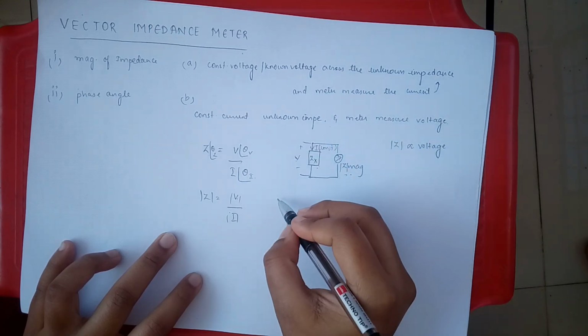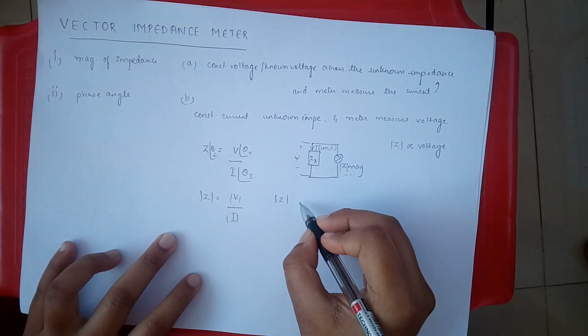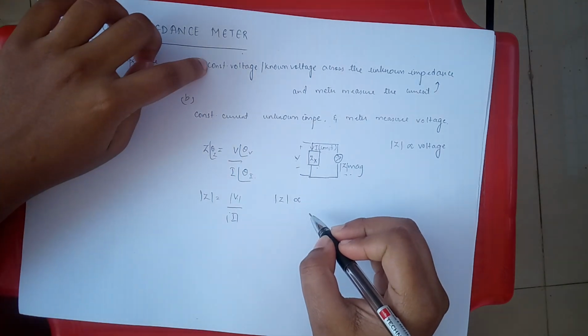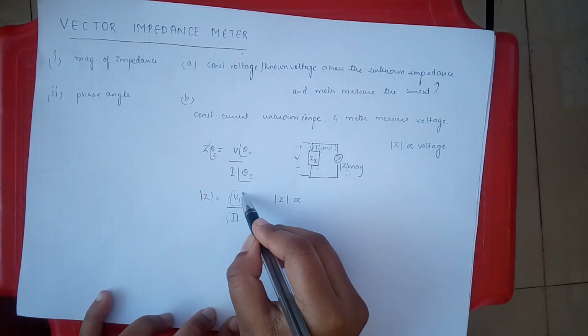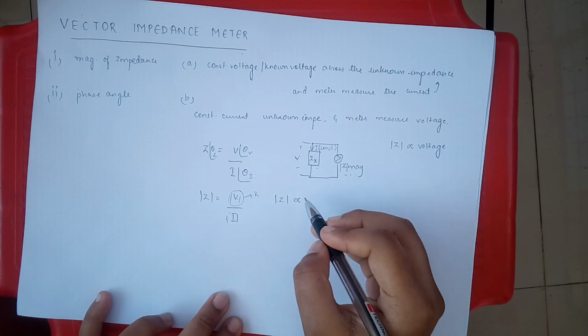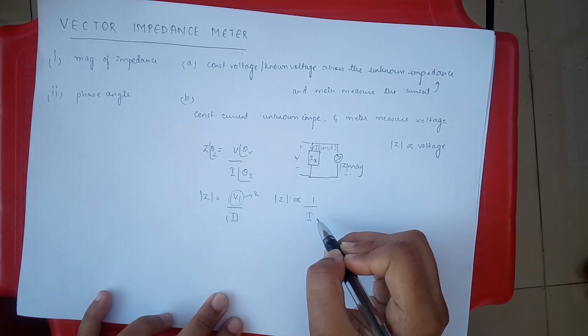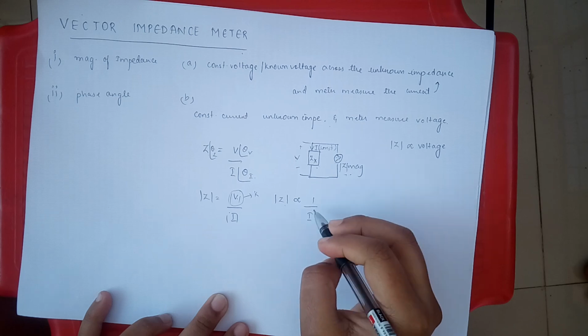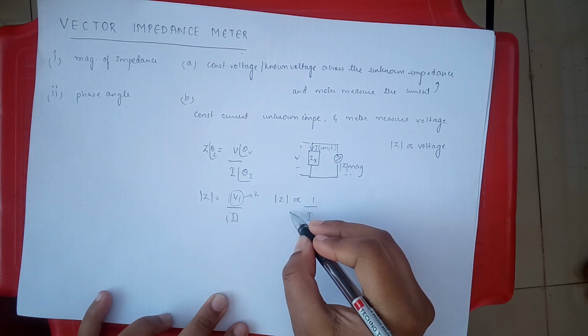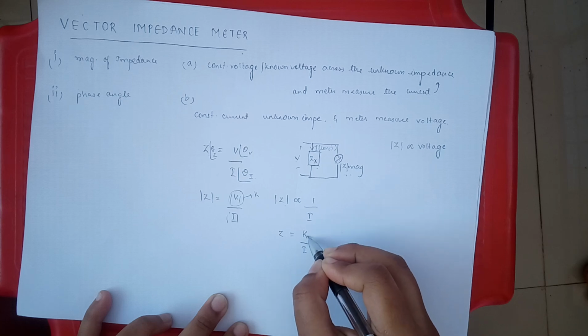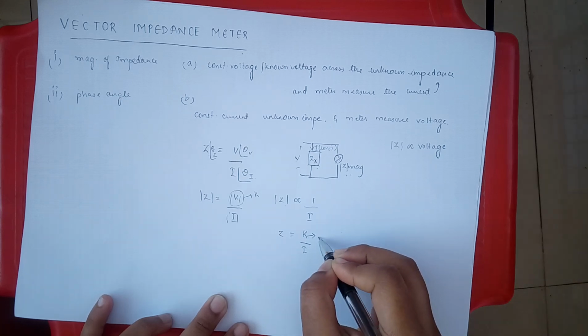In the first method, if you carefully observe, the magnitude of Z is measured at a constant voltage. That means voltage is some constant K. So the magnitude meter measures the current across the unknown impedance. In other words, Z is K by I, where K is the known constant voltage.